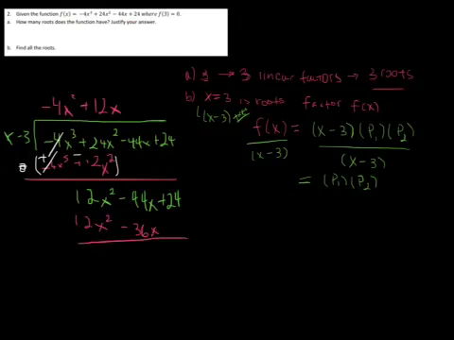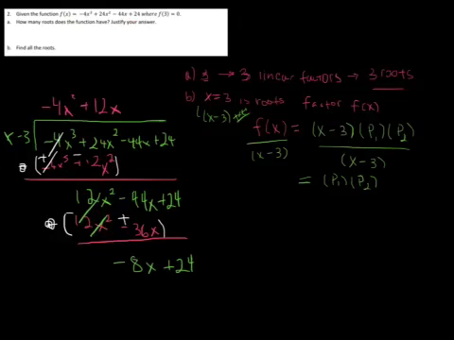I subtract everything, so this will turn into a negative, and this will turn into a positive. So these will cancel, and here I'm left with negative 8x plus 24.